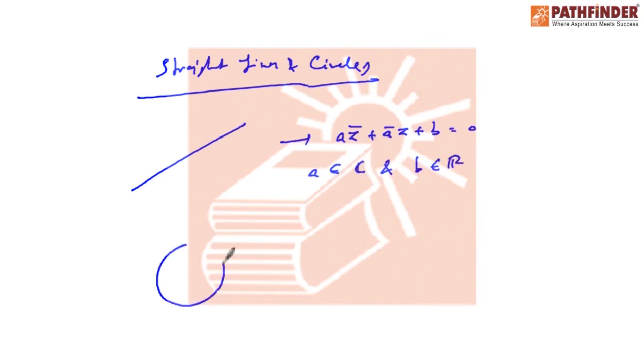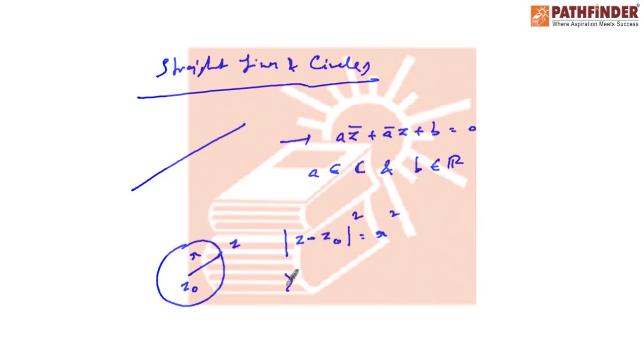And if you have a circle, let us say center of the circle is z0 and any point on the circle is z, let us say the radius is r. Obviously mod z minus z0 represents distance between two complex numbers, so this distance is always equal to r. This is the standard equation.